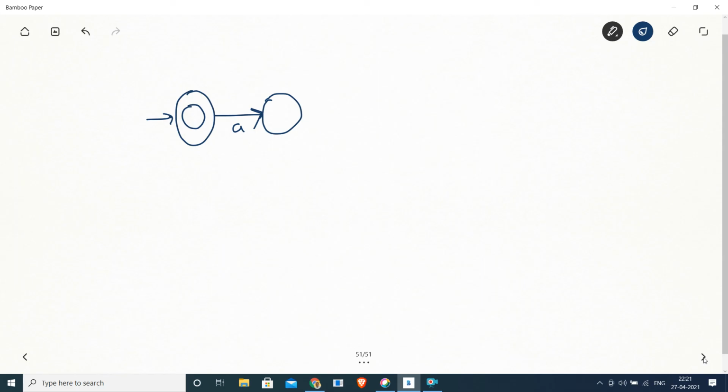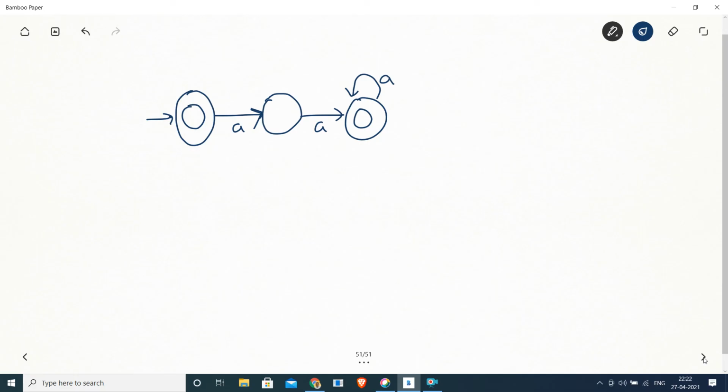But after getting a single A, if another A comes, this A is accepted, and on crossing these two A's, any number of A's can come. After 2A, 3A comes, 4A comes, 5A comes, any number of A's can come, but the restriction is that 2 A's should come in between. After that only the string is accepted, or nothing is coming.